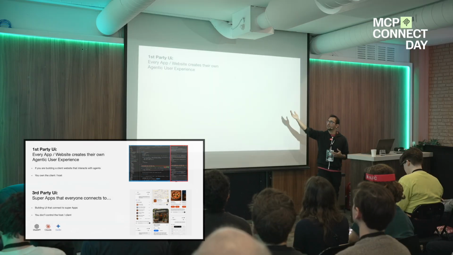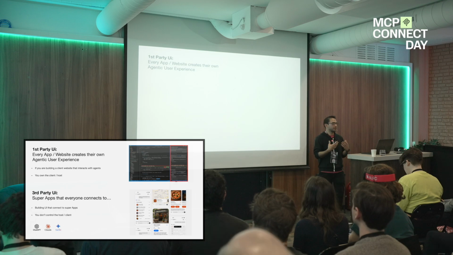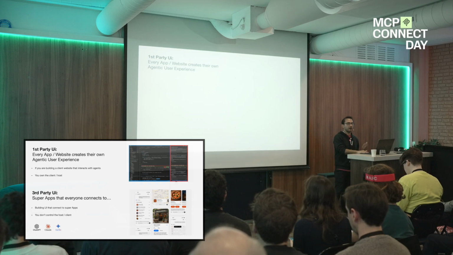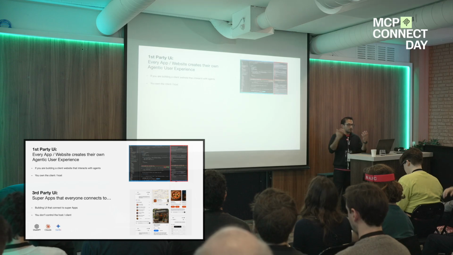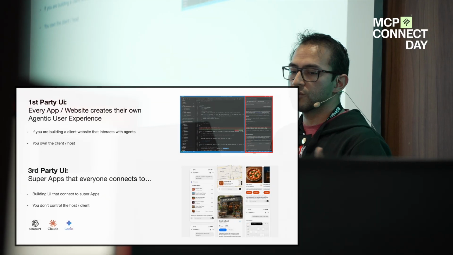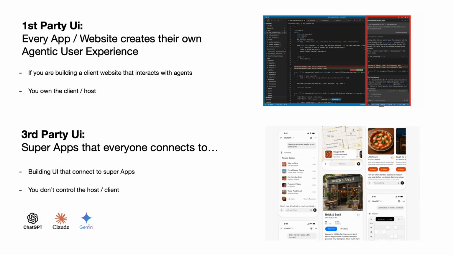The first is first-party UI, where you as a builder, if you're building a website or an agentic user experience, have full control, and you can create everything like Cursor did. They own the client, they just put their chat in there, and you own the host. You have full control of building any UI that you like.